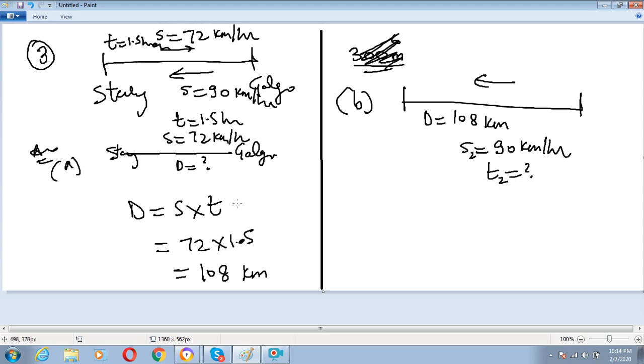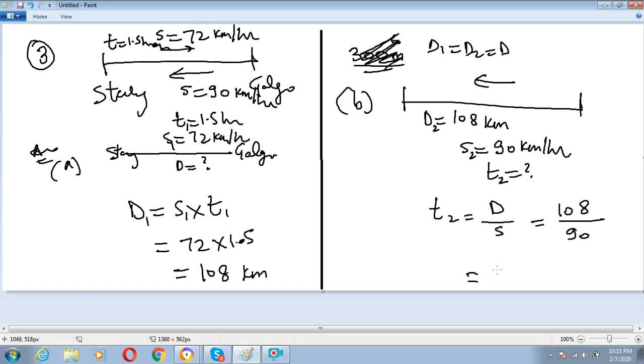The distance will be the same, D1, D2 is the same, with T1, S1. Now D1 equals D2 equals D. So now we have to find time. Time equals distance upon speed. So 108 upon 90. So how much is it?